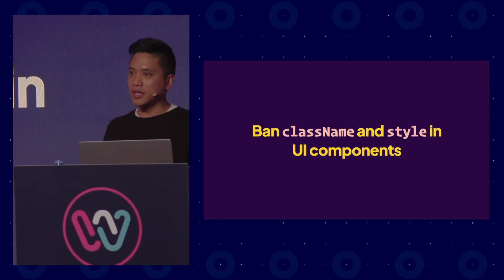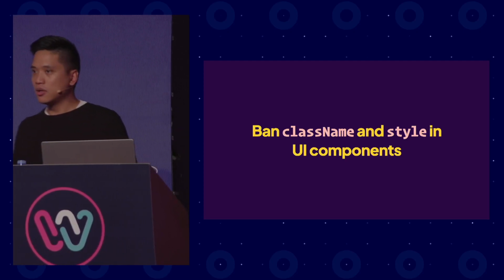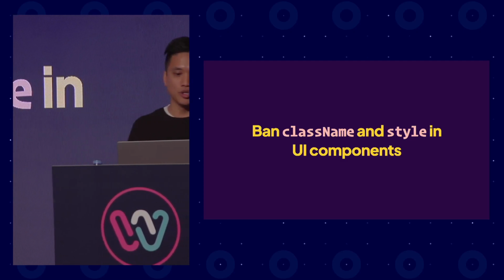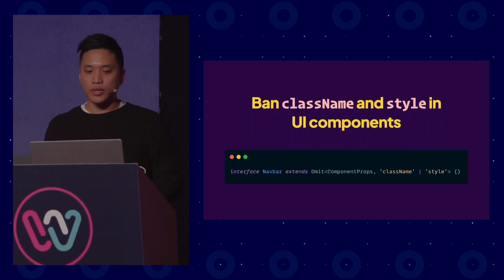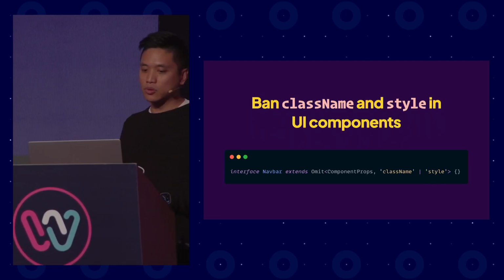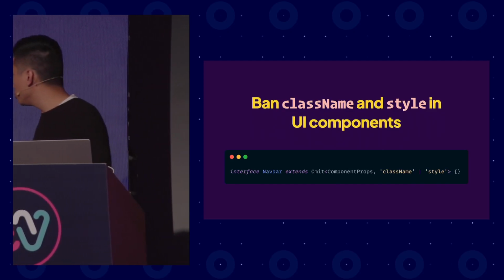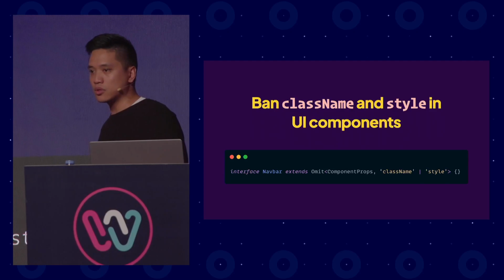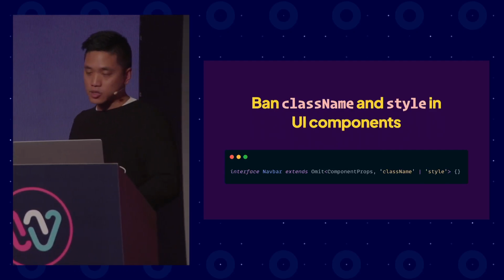So it's better that you disallow this to ensure that you have consistent styles and consistent user interfaces in your project. So by doing that, I recommend to at least ban one of these, right? To do that, there is an Omit utility TypeScript function that allows you to do that by passing as a second parameter a union string type with the props. And yeah, it's great.